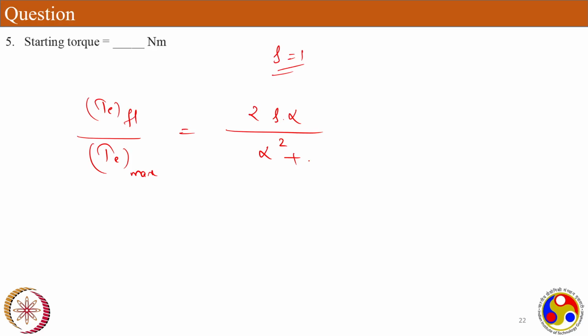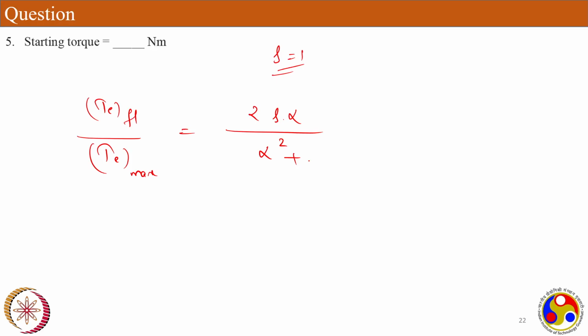Now if I want to rearrange this in terms of starting condition, I will keep the maximum itself. At the starting condition s will be 1. So 2 times alpha multiplied by 1 divided by alpha square plus 1 square. So it is 2 alpha by 1 plus alpha square.